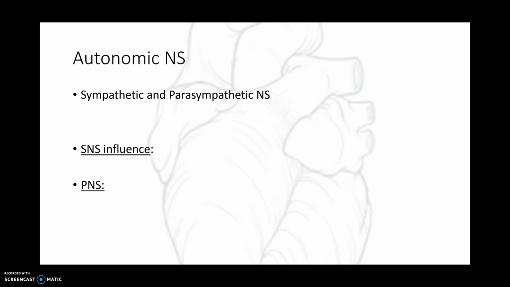The nerves that come off the medulla will branch off the spinal cord into the cervical and thoracic region. The medulla also has what's called a cardiac inhibitory center. This is right next to the cardiac accelerator center. What comes off of this is cranial nerve 10, which is our vagus nerve, which is considered our parasympathetic nerve.